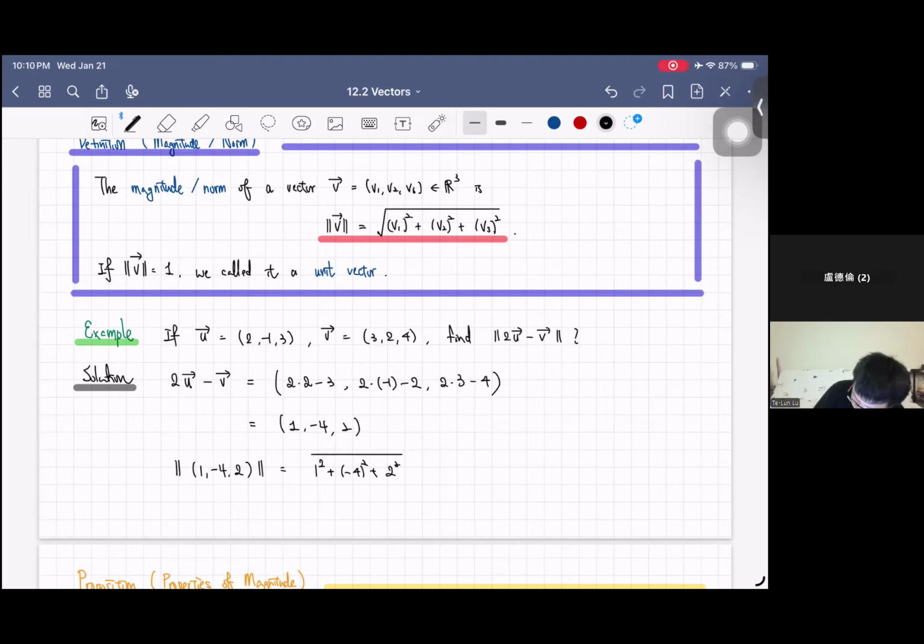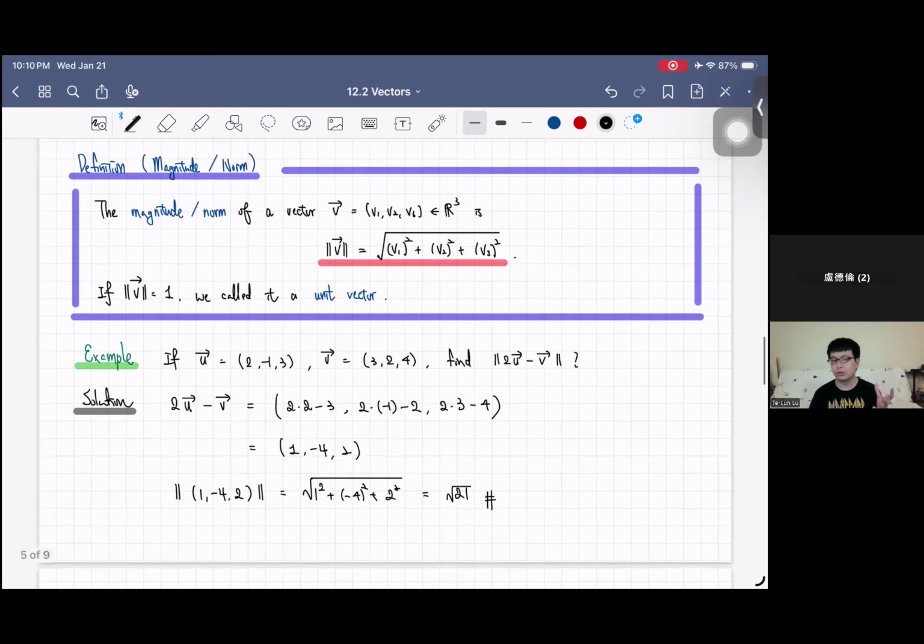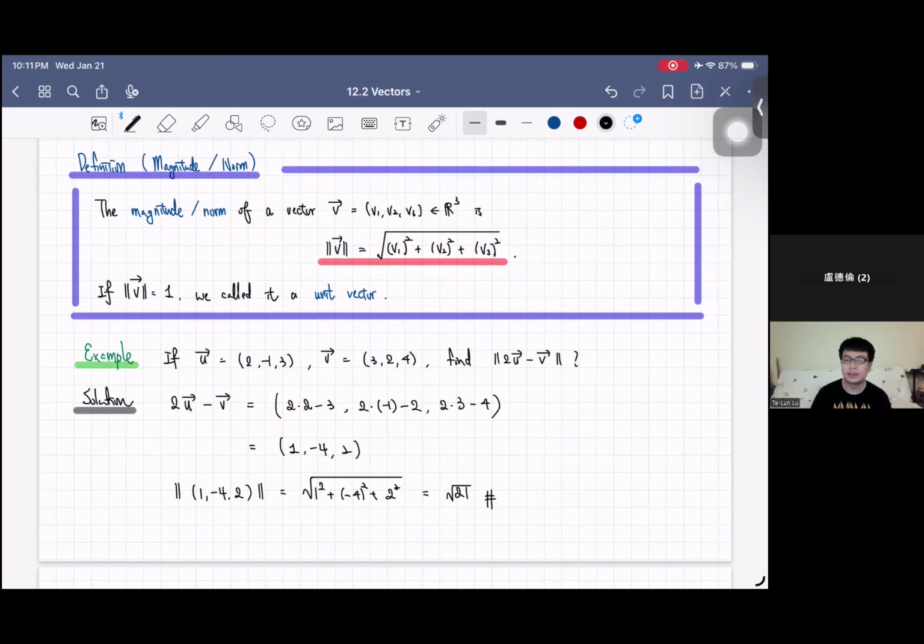So that's the length of this vector, or the magnitude, or the norm, which you get 1 plus 16 plus 4, that's the square root of 21. So we will say that the norm, or the magnitude, or the length of this vector is root 21. So you see that there might be different vectors with the same magnitude.